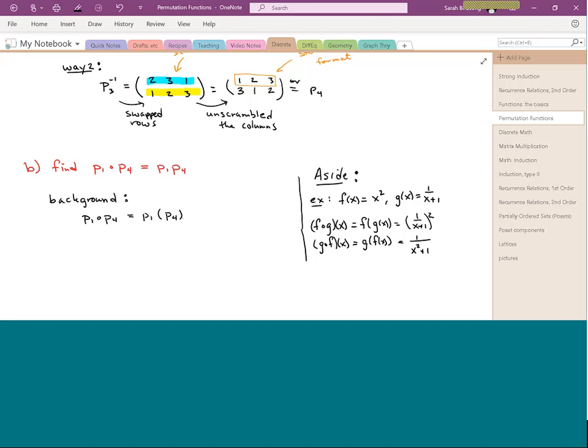Now, in terms of your actual elements, what happens? If you plug in some value from your building set, we would say we plug in that element A into the first function, the P4. Then whatever output we get from P4, we're going to plug into P1. So this is how it's going to track.